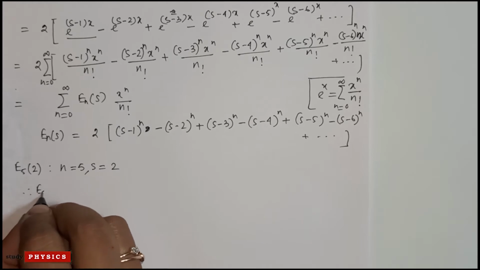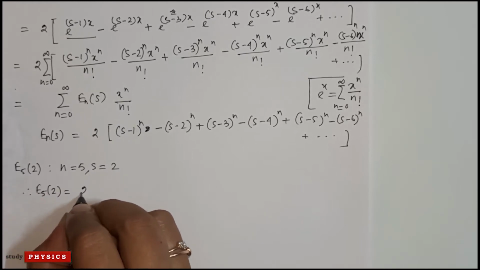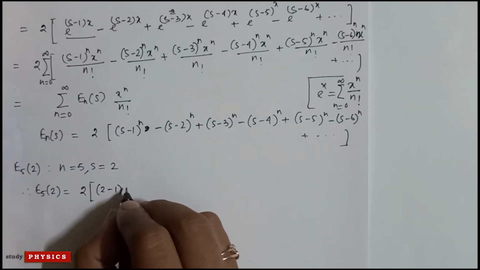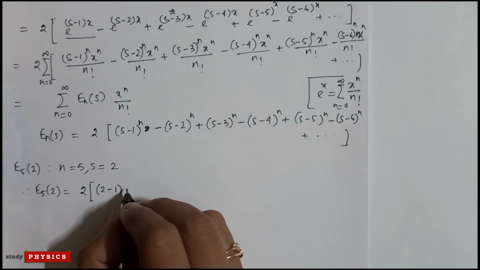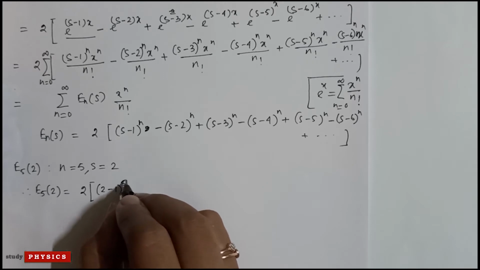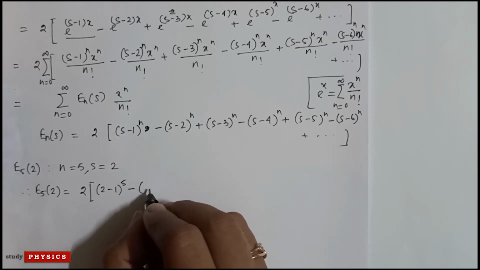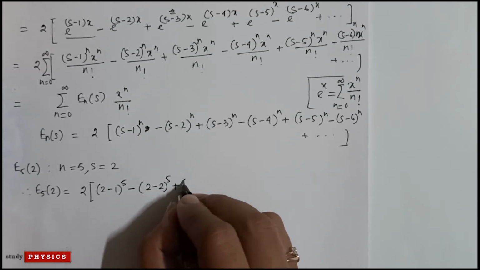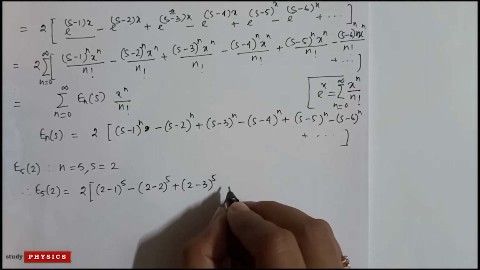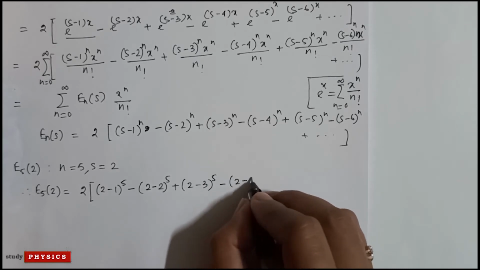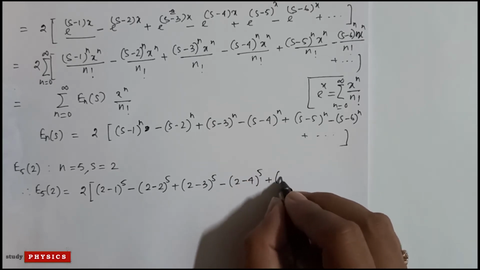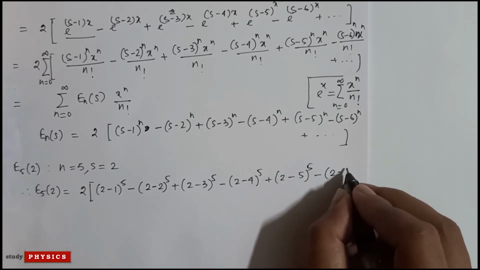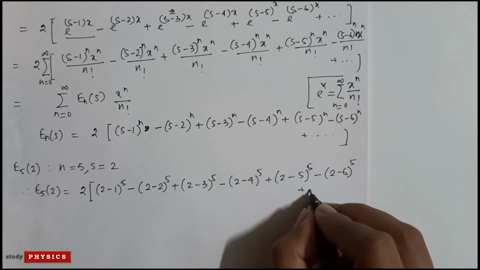So E(5,2) is 2 into (2 minus 1) to the power 5 minus (2 minus 2) to the power 5 plus (2 minus 3) to the power 5 minus (2 minus 4) to the power 5 plus (2 minus 5) to the power 5 minus (2 minus 6) to the power 5, and so on.